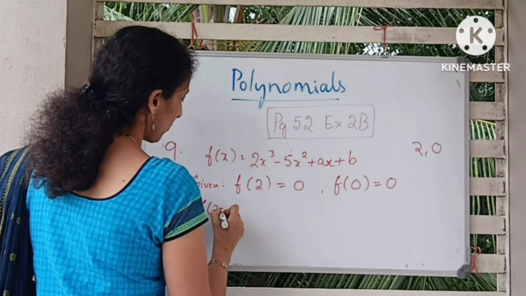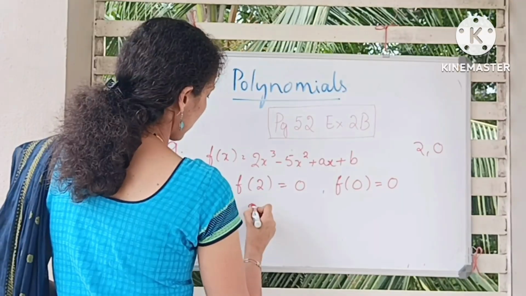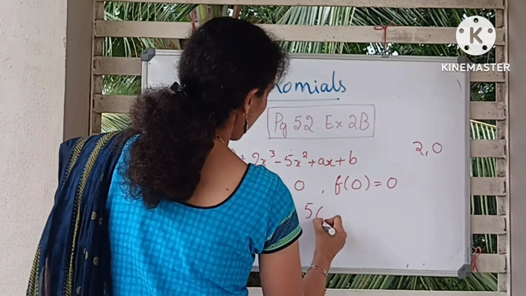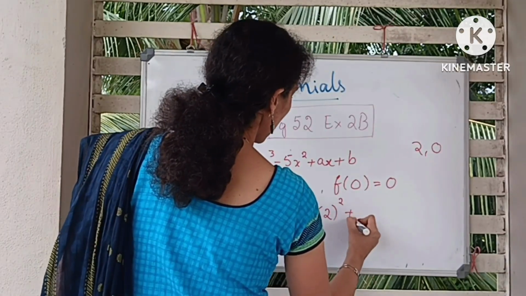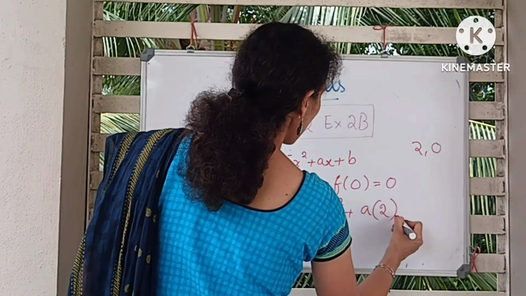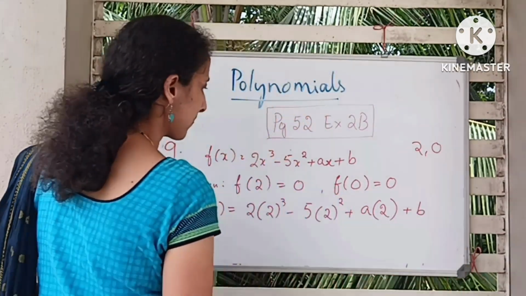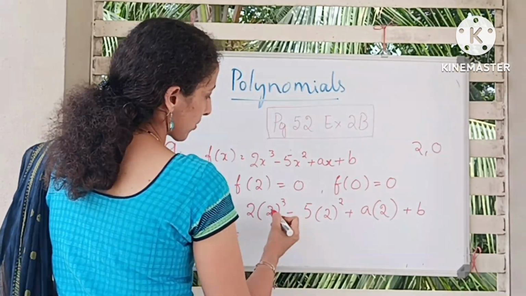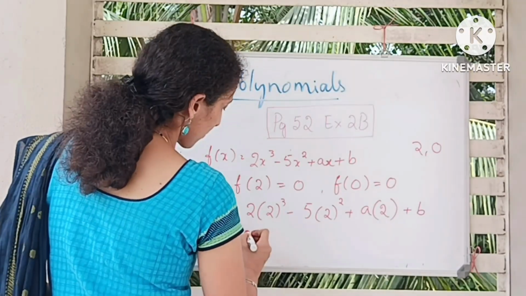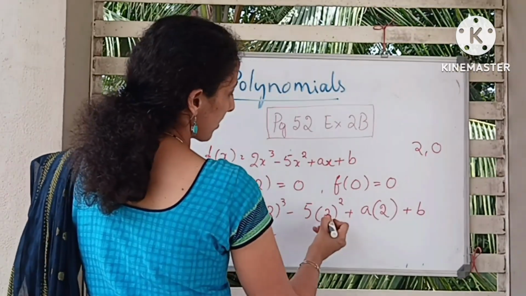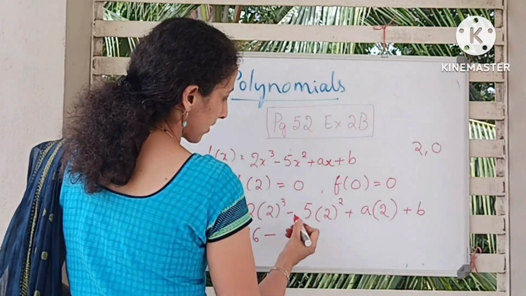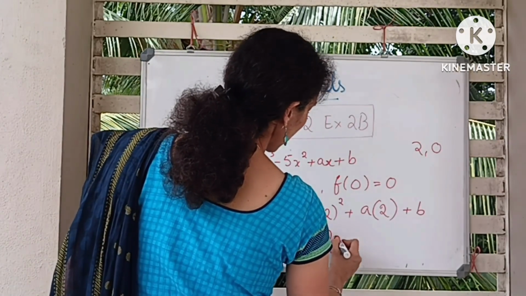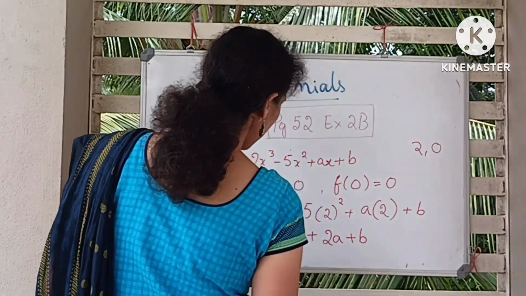F of 2 is equal to 2 into 2 cube minus 5 into 2 square plus a into 2 plus b. So this becomes 2 cube is 8, 8 into 2 is 16 minus 2 into 2 is 4 into 5 is 20 plus 2a plus b.